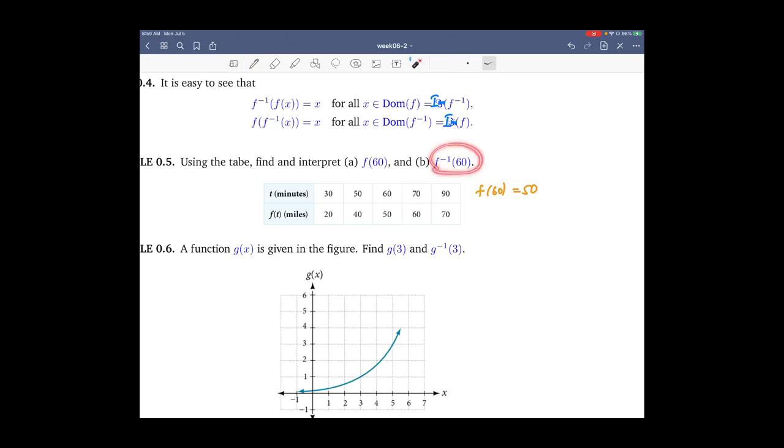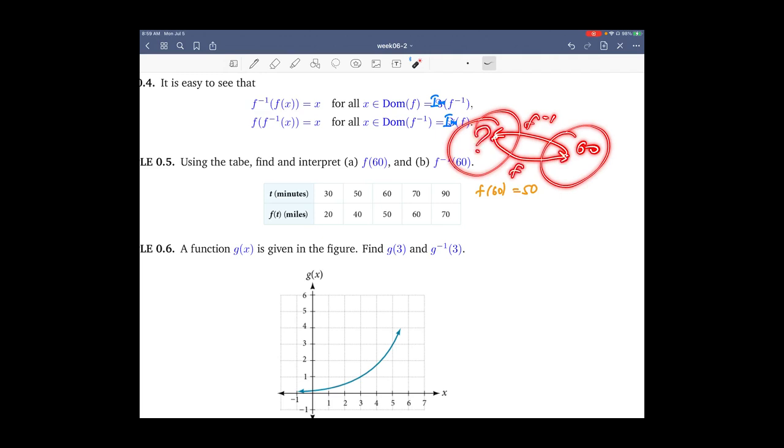F inverse at 60, it is such a value that at that value, f will be 60. Well, f is 60 whenever its argument is 70. Therefore, f inverse at 60 equals 70.